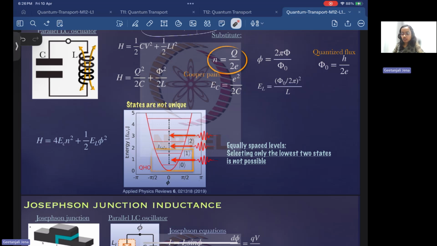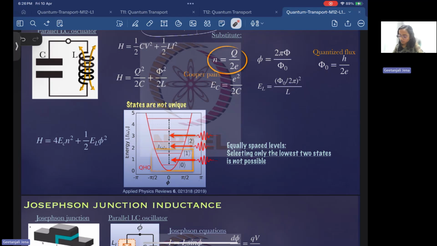So what is the main thing that we are trying to study? The main idea is that we want to encode the qubit states, zeros and ones, in this 0 state as well as in this 1 state.